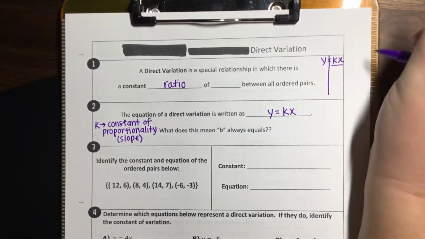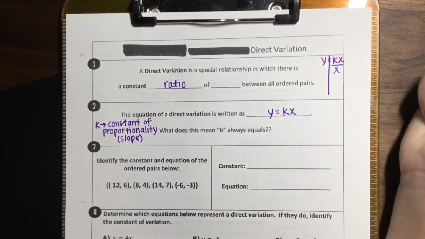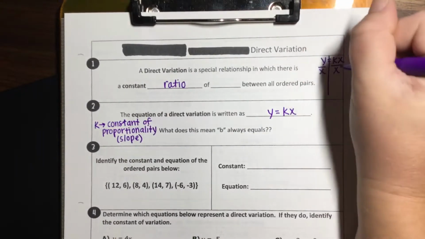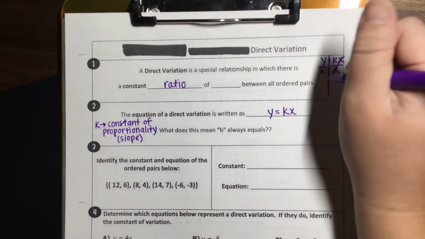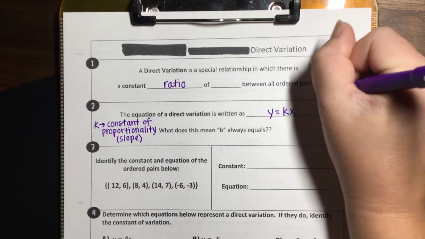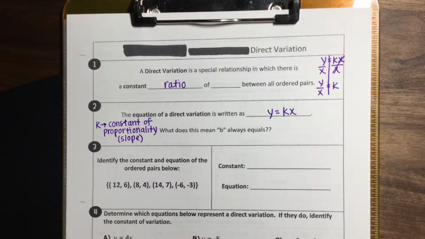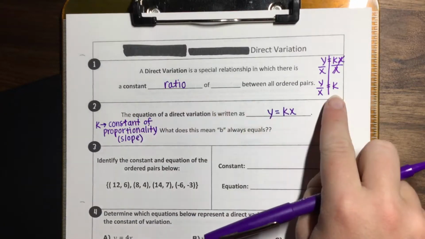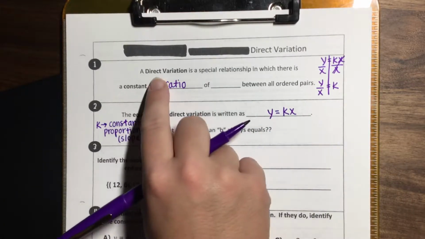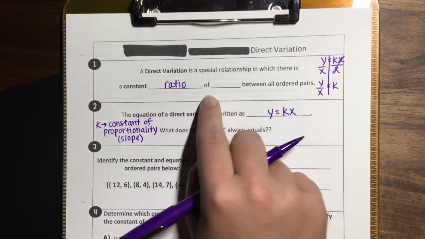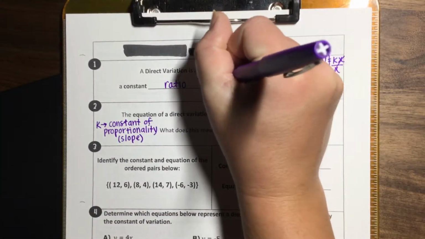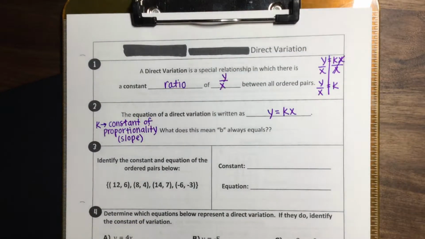If I have k times x, I've got to do the opposite, which would be divide by x in order to get k by itself. So k is equal to y divided by x. So if k is equal to y divided by x, I know that k is going to be a constant ratio of y divided by x.